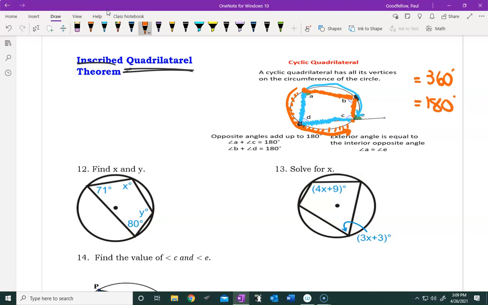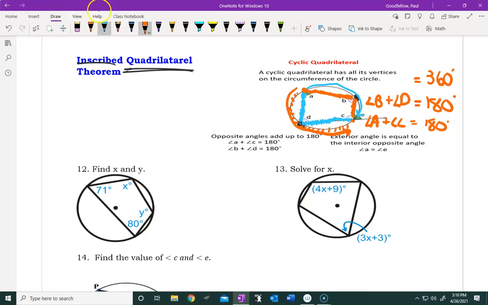That means that the two angles that are on opposing sides, the non-consecutive ones, actually have to add up to 180 degrees. Sorry, that's not B. That should be D. So B and D would add up to 180, and so would A and C would add up to 180 degrees, just depending on which way you want to see it.